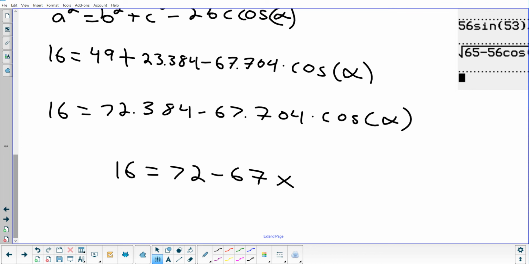The 67 is multiplied by something you don't know. That makes it an unlike term with the 72. So they cannot be combined. So whatever you would do next to solve this equation is the same thing you would do up there. So anybody see what you would do next?